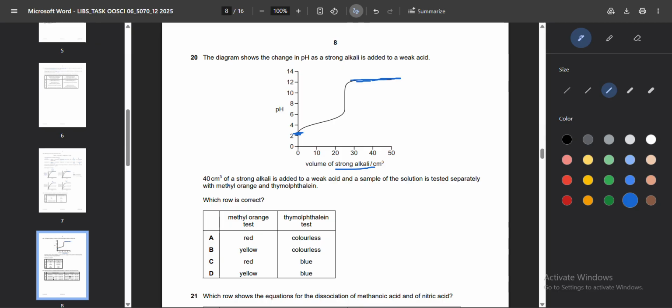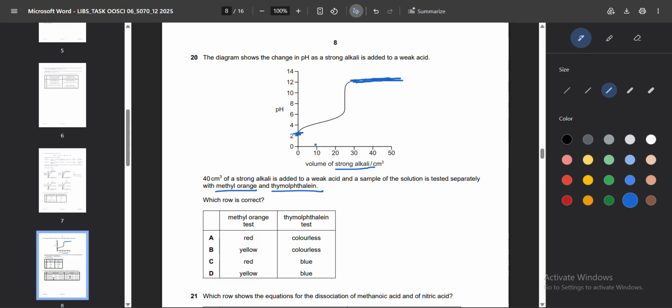So 40 centimeter cube of strong alkali is added to weak acid, and a sample of solution is tested separately with methyl orange. What is the color of methyl orange in alkali? It gives yellow color. And what is the color of thymolphthalein? It gives blue color.